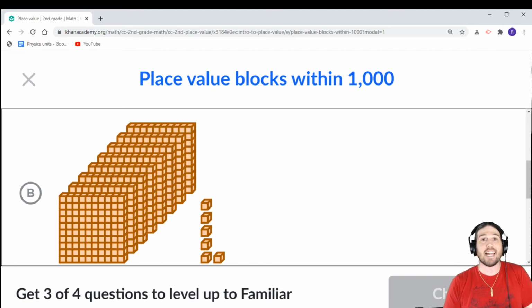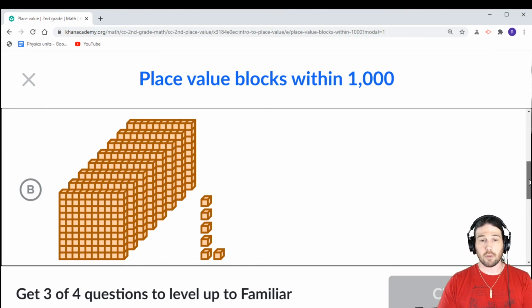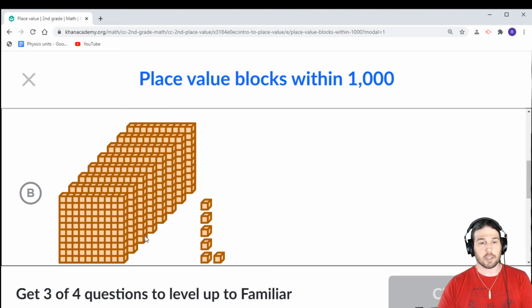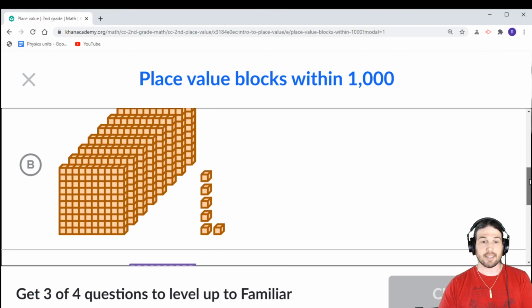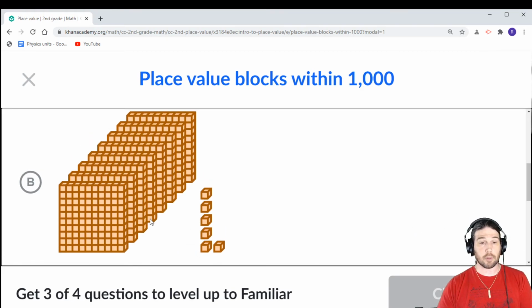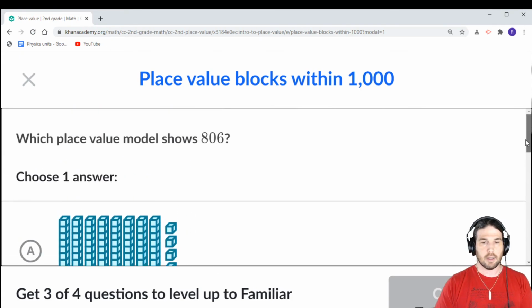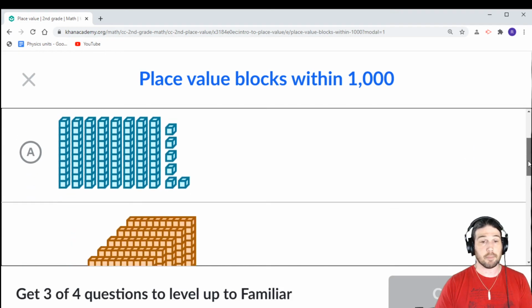They are 10 tens all glued together, okay? So this would be 1, 2, 3, 4, 5, 6, 7, 800. I see 0 tens, so we would put a 0 in between it to sort of mark the place. That's how the decimal system works. And I see 1, 2, 3, 4, 5, 6 individual blocks. That says 806 to me.